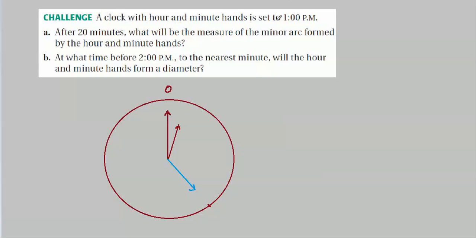Now, their starting position at 1 p.m. will be minute hand pointed straight up and the hour hand pointed out here at 1. How many degrees is it from, say, 12 to 1 or 1 to 2? Each of the major marks on the clock from 1 to 12.